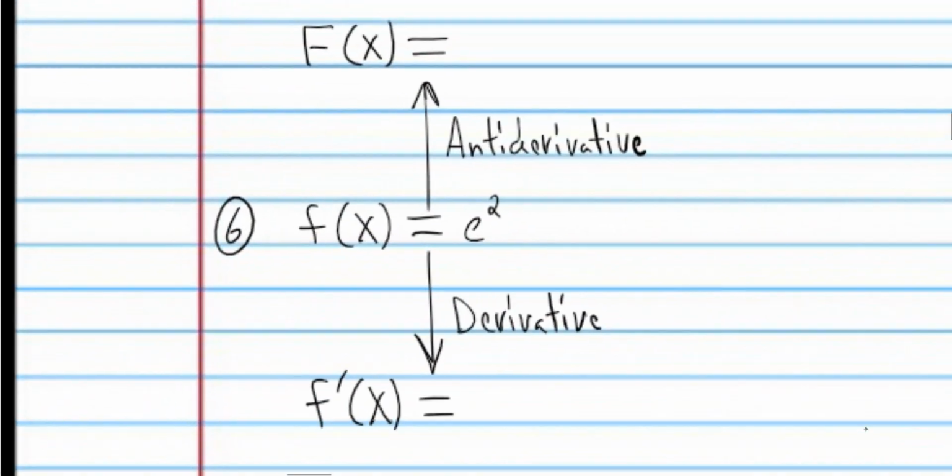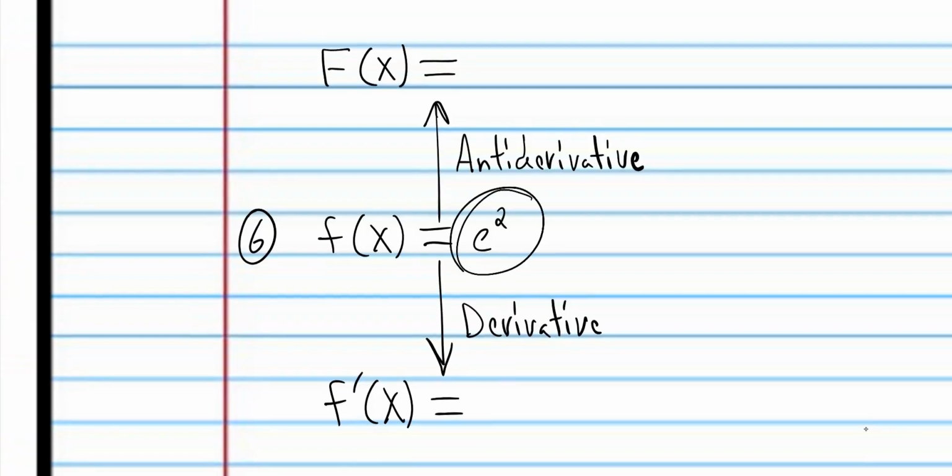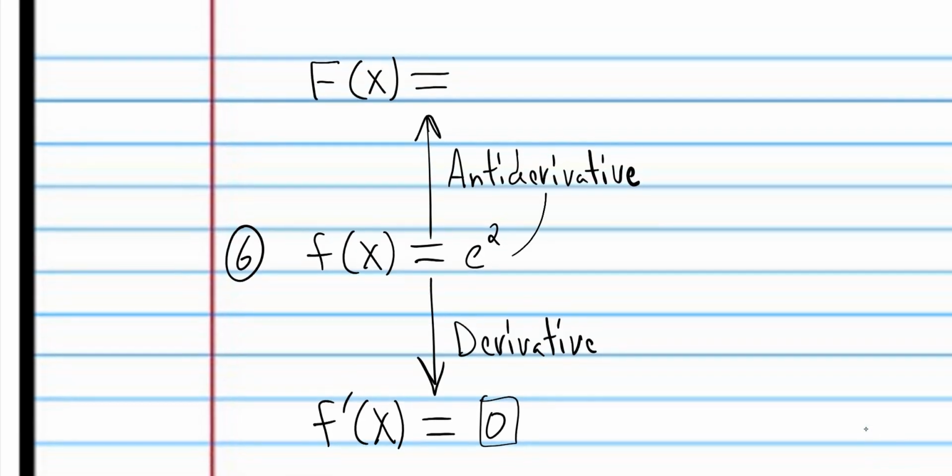Let's do one more of these before you try one on your own. So I know that this seems like a variable, but it's actually a constant. Remember, we learned Euler's number. So the derivative of a constant is just 0. Now, if we go in the opposite direction, the antiderivative is going to be e squared times x plus c.